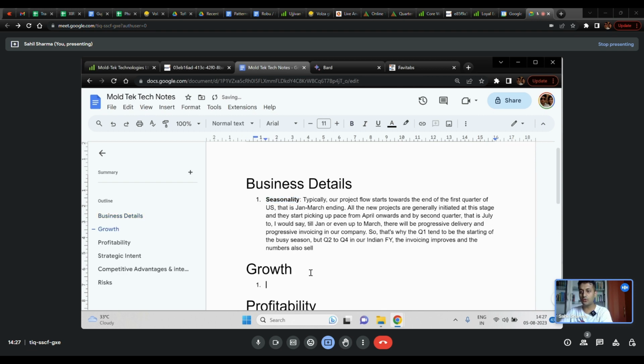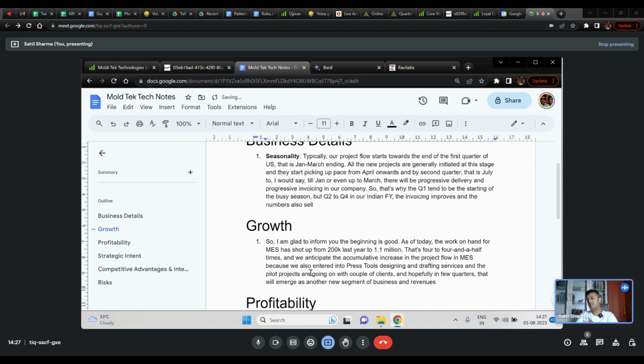Now, typically in the growth header, what we want to put is drivers of existing growth, what has happened in the past, and sustainability of those drivers for the future, and also if there are any new drivers for the growth in the future. Right? So there are two things here that he has talked about.